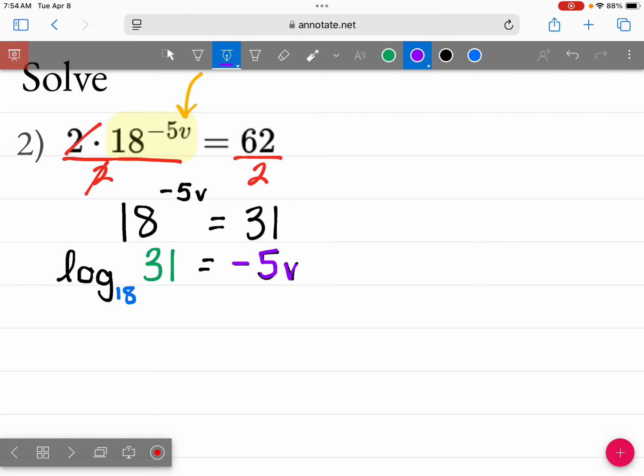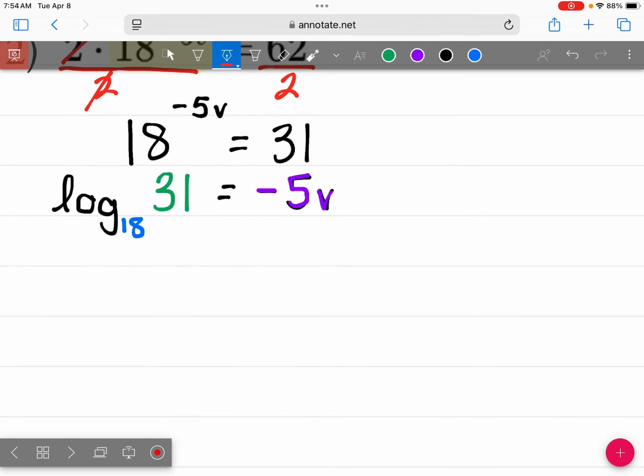So again, what would I do to get my v by itself? The left side's gonna be a mess, but I want to get v by itself. Divide by -5. So if I divide both sides by -5, that's gonna get the v by itself here.